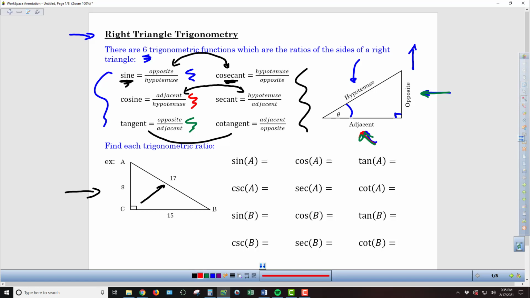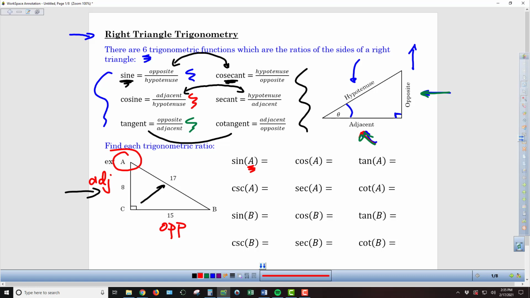So as we go through this example, for the angle A, so that's this angle right here, the side opposite of angle A is going to be this 15, and then the side adjacent to angle A is going to be 8. So I'm going to use those measurements along with the hypotenuse being 17 to get all of these ratios.